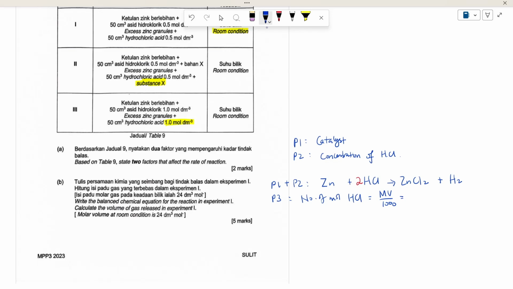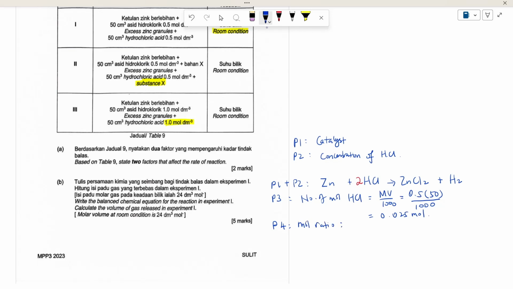So concentration is 0.5, volume is 50 over 1000, so you will get 0.025 mole. Now point number 4, we need to do the mole ratio. Point number 4, mole ratio.